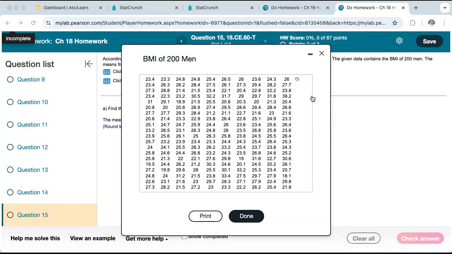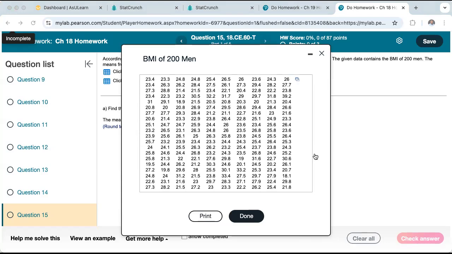What are we looking for? We are looking for the mean. Is that okay? So to do that, we go to Stats, Summary Stats, Columns. I didn't name the column. You can name your column BMI, but I didn't name it. What do I want? I want the mean. So I click on this one here. Is that okay? And then I hit compute. So you see, my mean is what? 25.0775.